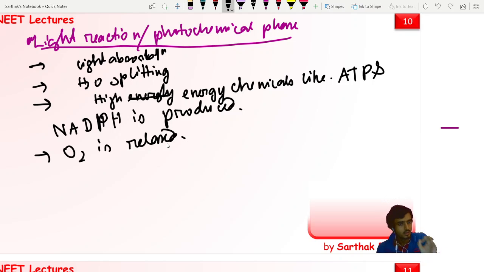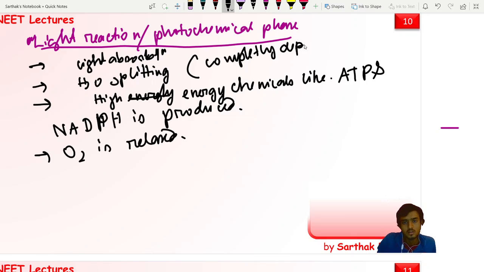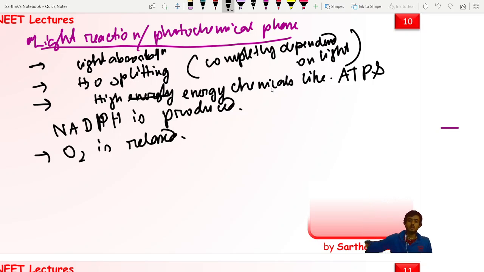In the absence of light, the light reaction cannot occur. This is an important point here.